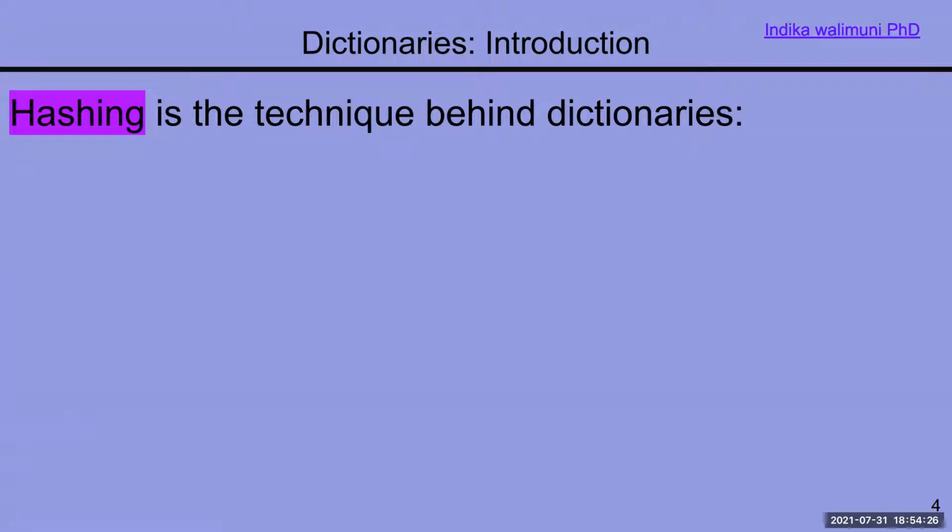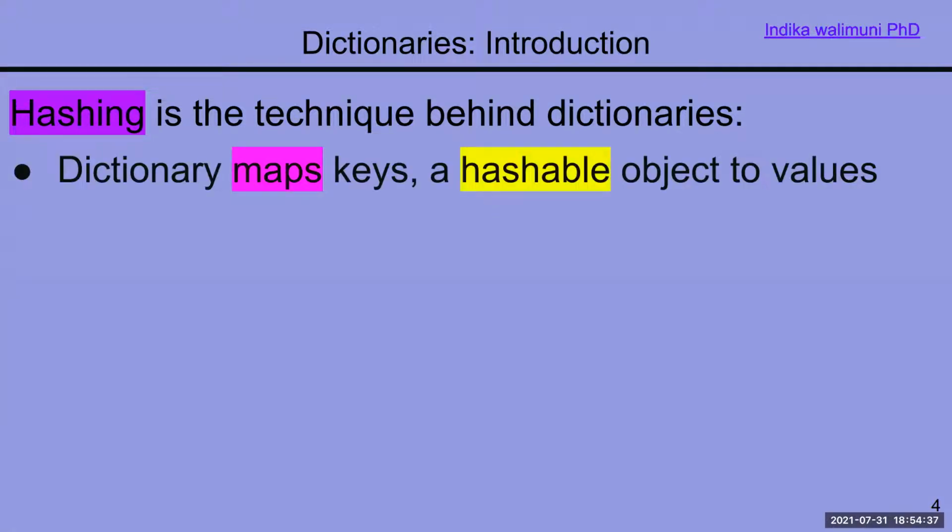The main technique behind dictionaries is hashing, and it's the same for sets as well. We learned about hashing previously, right? In the dictionary case, a dictionary maps keys, and these keys are hashable objects.